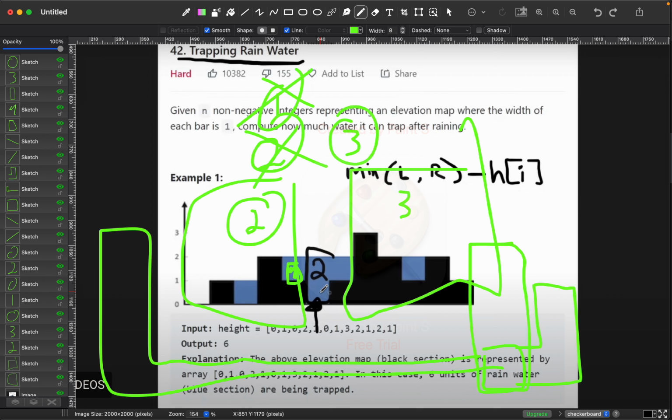For here, stage 2 will be 2 minus 0 equals 2 units. For here, the minimum of stage 2 will be 2 minus 1, and we get 1 unit. So rinse and repeat this and that, and you have it. Everything comes to an end.